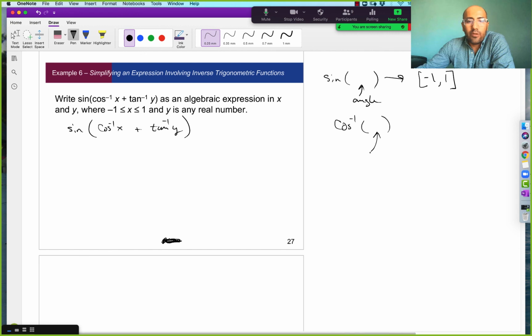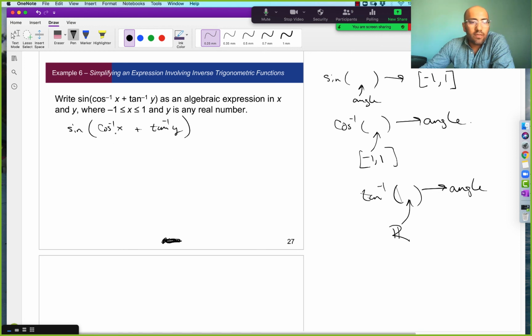We're inputting a decimal between -1 and 1, and then out will pop out an angle. And same thing with the tan inverse function. We input a number. Now it's not bounded. The tan inverse function can take any real number, and out will pop out an angle.